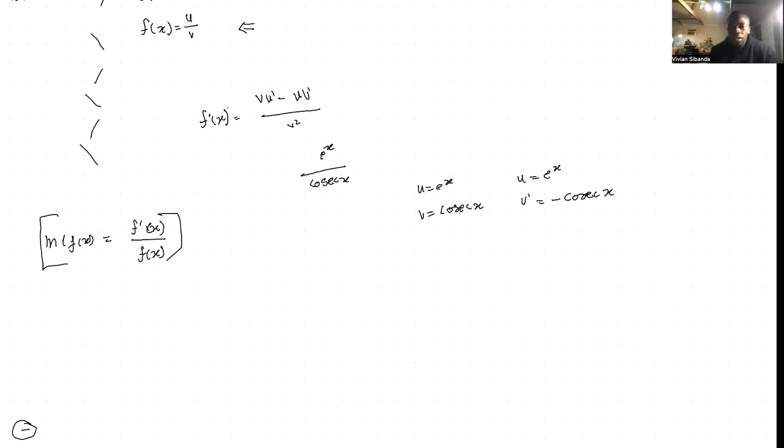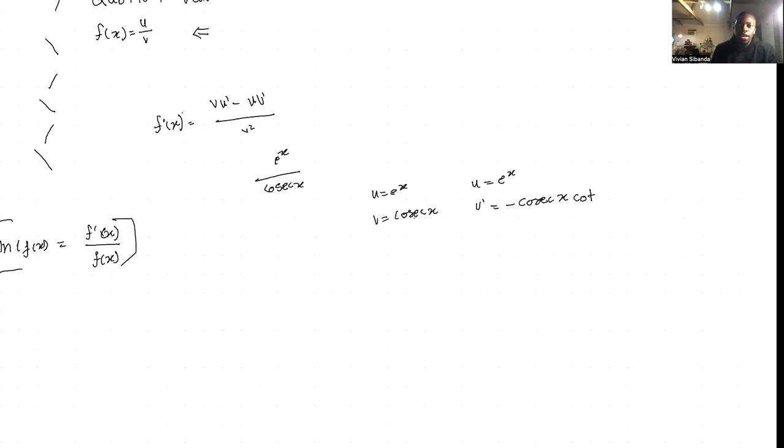cot x. So now again you cross them, but be careful, because here you start from the bottom up and then from the top down. This is strictly the rule. You start from the bottom up, number one, where your v is, because your v is your denominator.